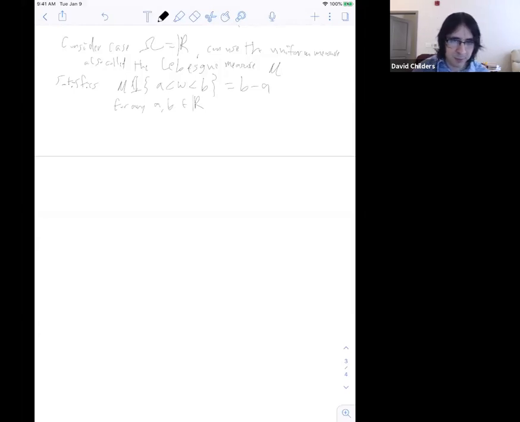And so that defines the indicators of intervals as just the length of those intervals. And so it's defined over a sigma field containing all such intervals.